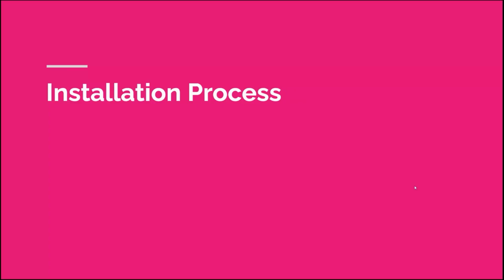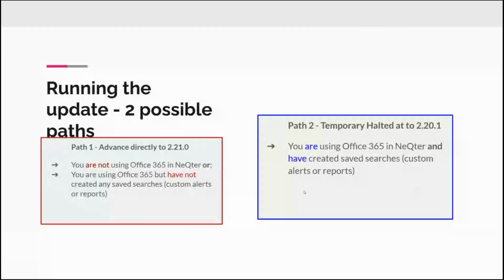So I wanted to discuss the installation process. It's just going to be going and running an update. However, in terms of the two different paths that we could have, I see that the format changed on this slide. There's going to be two paths.